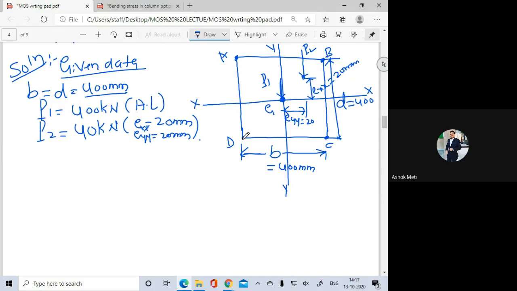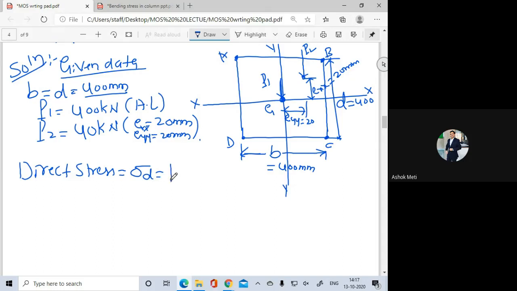So here, as you know from the theory, this column is subjected to two loads. One is the axial load, another is the eccentric loading. Direct stress will be due to both P1 and P2, because the direct stress comes from the total of the eccentric as well as the axial loading. So first I will calculate the direct stress. So direct stress, sigma D, is equal to, what is the formula?